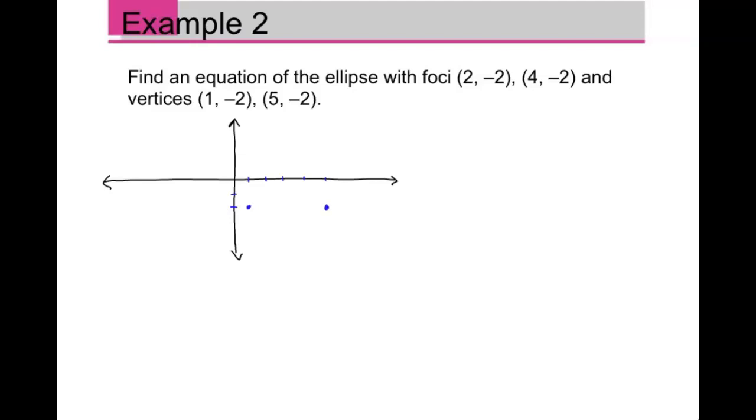So right away I know that this ellipse is horizontal, right? The vertices are aligned horizontally. And then my foci are (2, -2) and (4, -2). All right, this one, the numbers are nice enough that I can pretty easily just visually deduce where my center is.